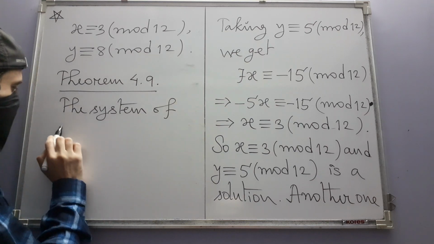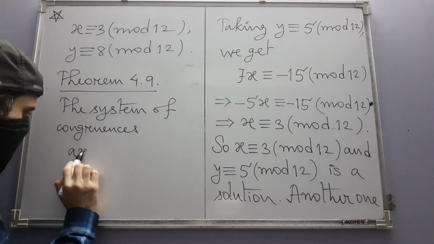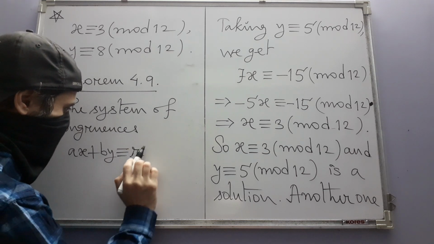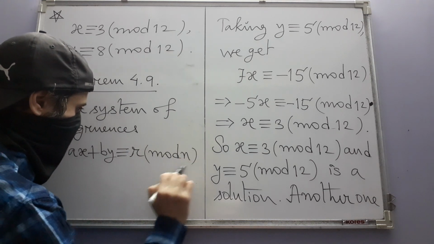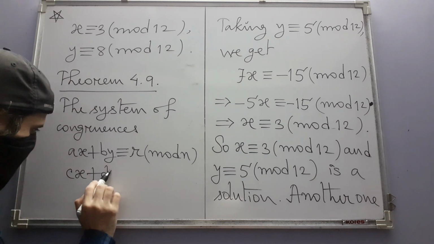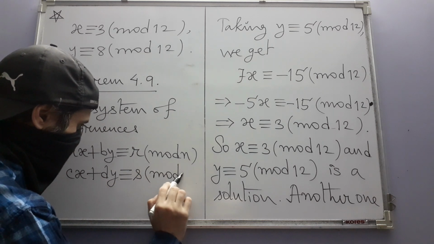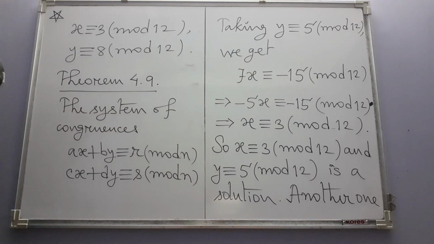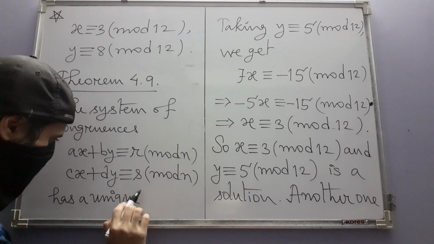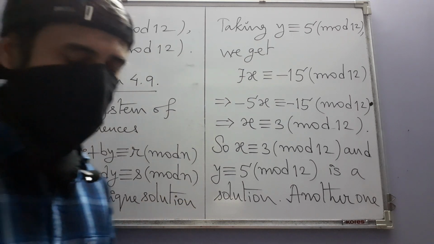The system of congruences ax plus by congruent to R mod n, there is of course one modulus, and cx plus dy congruent to S mod n has a unique solution if there is a condition.